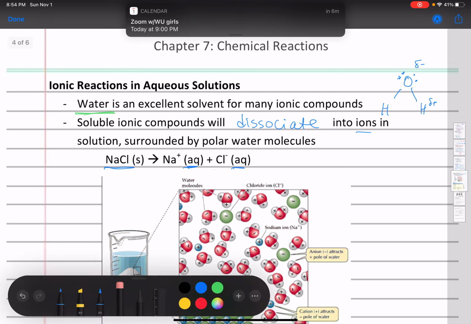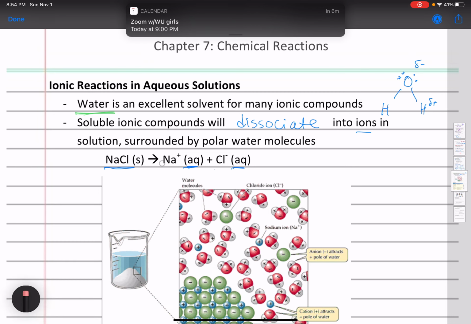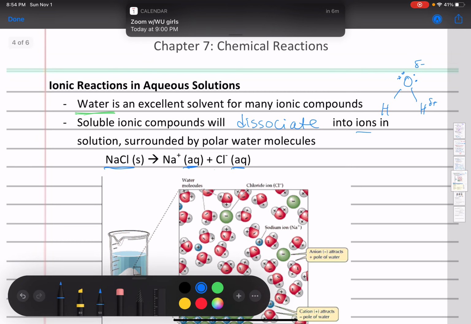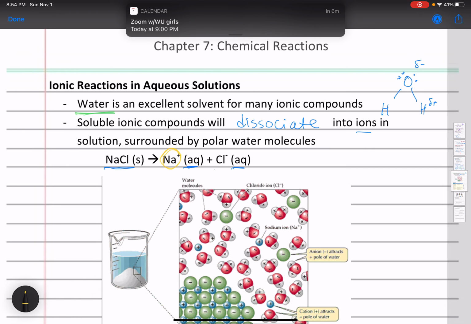So if we think of these sodium cations as being positively charged particles, they interact with the partially negative oxygen of water molecules, and they'll be surrounded by the oxygens of water molecules. And the chloride ions, since they are negatively charged, will interact with the partial positive charge on the hydrogens of the water molecules.